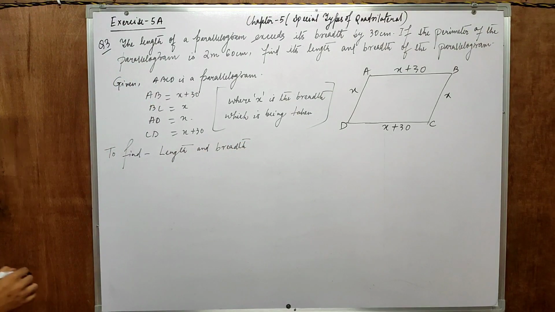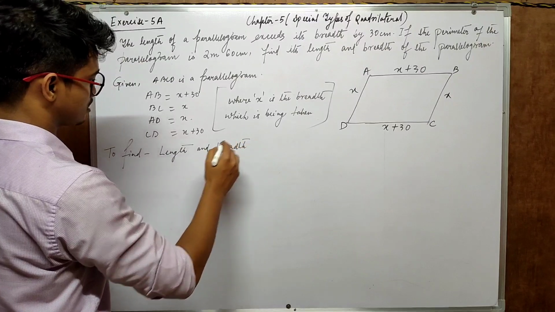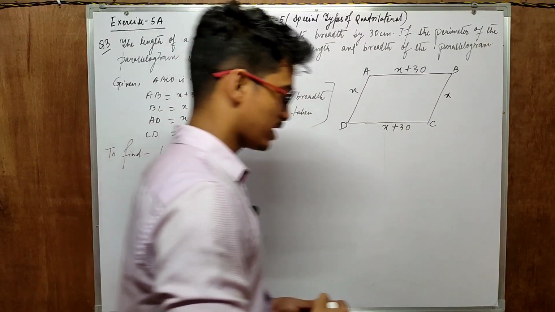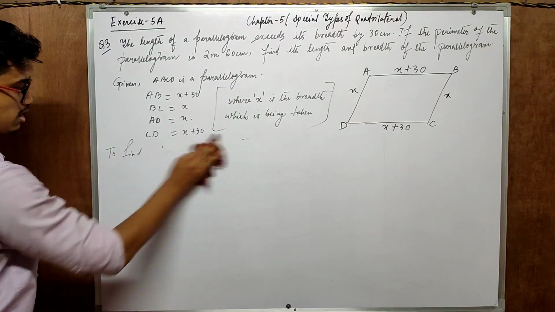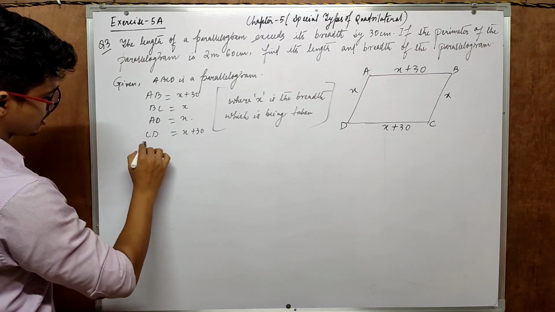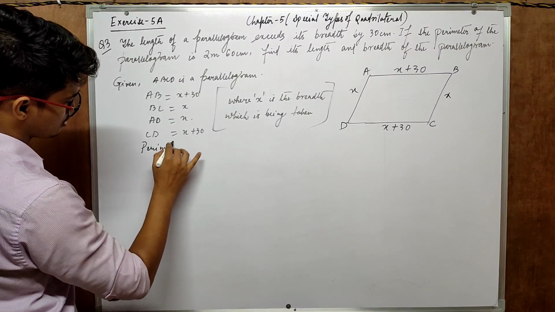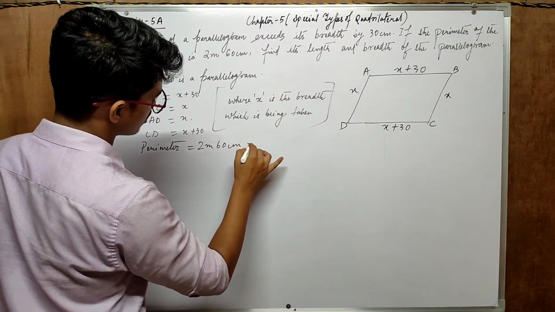One more thing is given that I forgot to write, that is the perimeter. Perimeter is 2 meter 60 centimeter. How to convert this one?